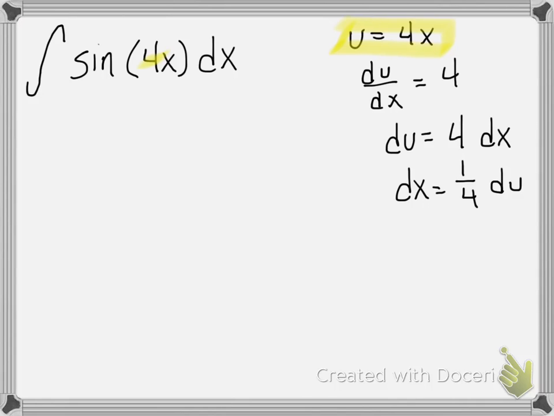Take the derivative of u with respect to x, which would be 4. So du comes out to be 4 dx whenever you multiply both sides by dx to get du by itself. And so then if you solve for dx, you're going to get 1/4 du. And so that's another little piece that we need to know.